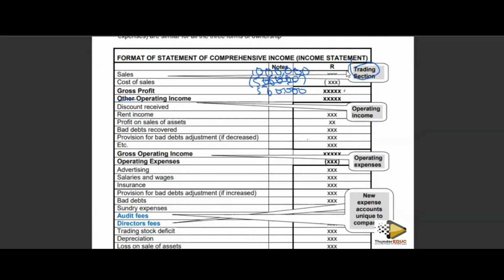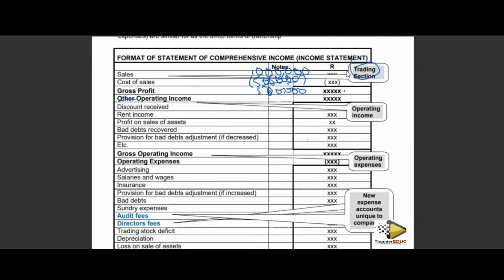Okay. Now, so I said this is 500,000. Now, look at the examples we can give here. Discount received. What is this? This is when we buy stock from our suppliers, and these suppliers give us a discount.